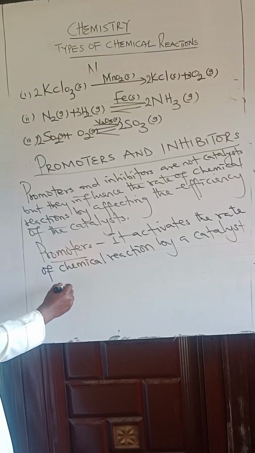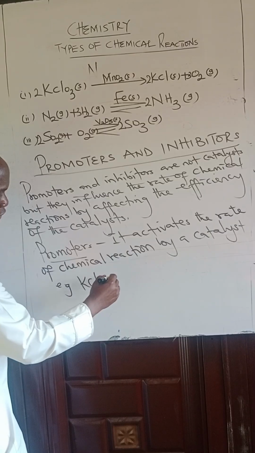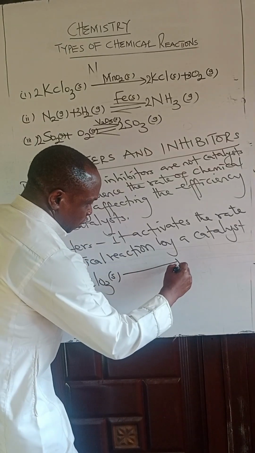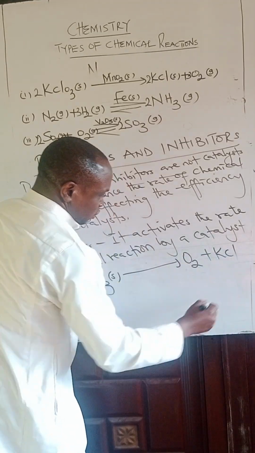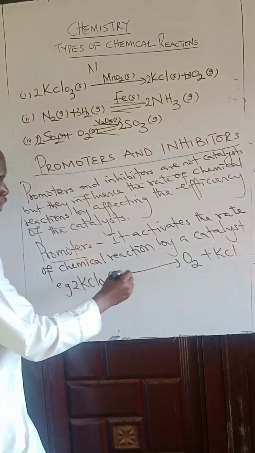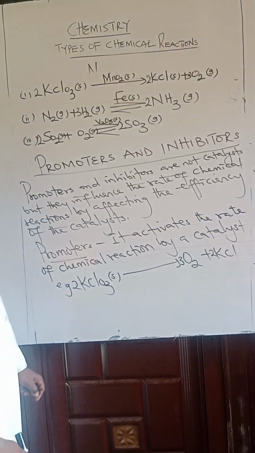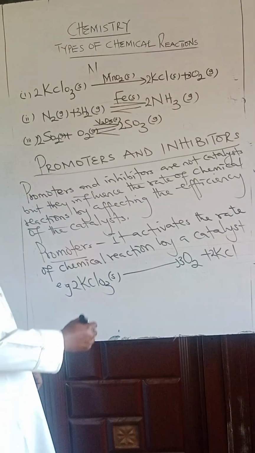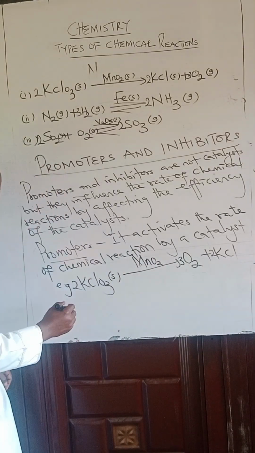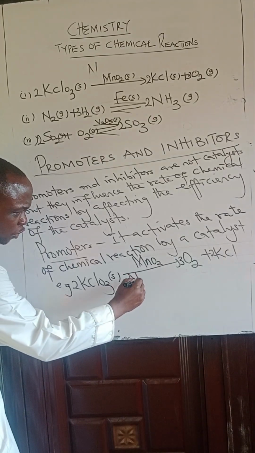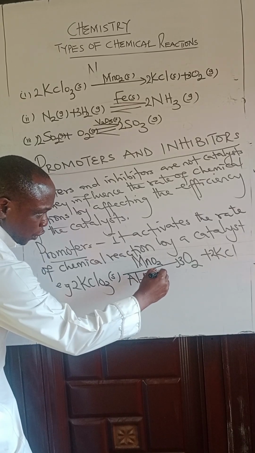For example, in the preparation of oxygen by thermal decomposition of KClO3 to give KCl, you can balance the equation: 2 here, 2 here, 3 here, the equation is balanced. Manganese(IV) oxide is used as catalyst, but we normally add aluminum oxide and/or molybdenum.